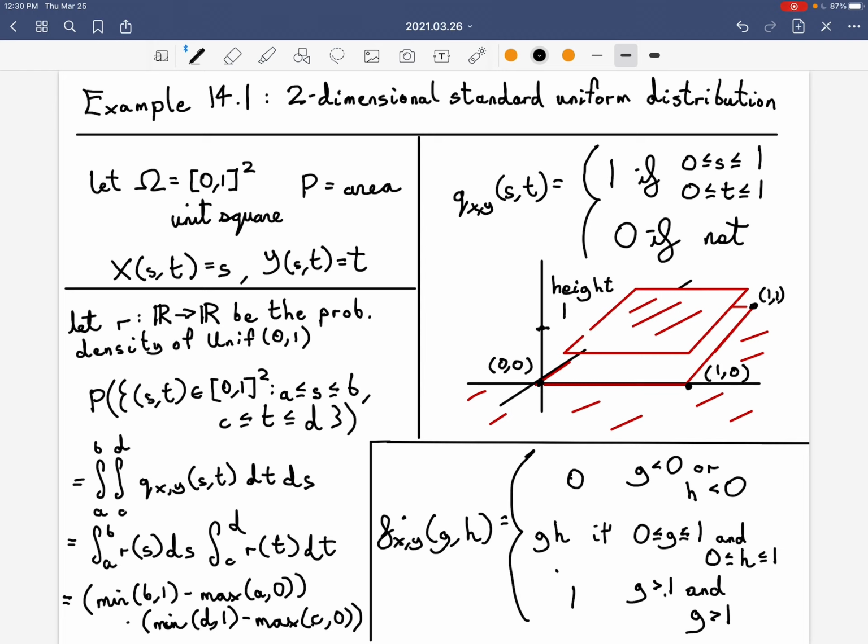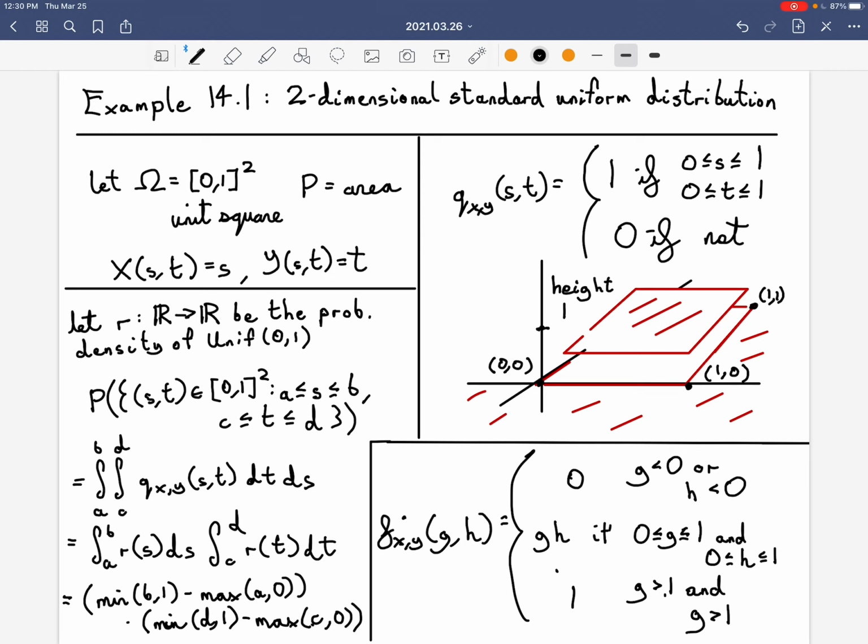So in terms of an explicit physical experiment, you can think that one-dimensional standard uniform is I have a stick and I'm throwing a dart at the stick with no control over where it lands.